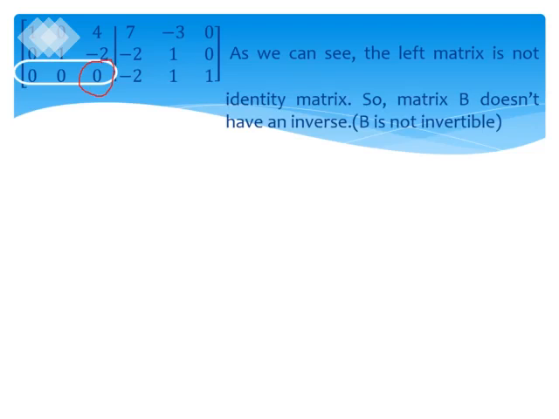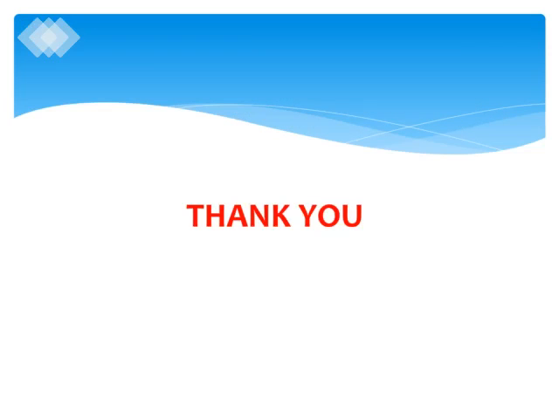As you can see, the left matrix is not an identity matrix because we don't have a leading one at column 3. So matrix B doesn't have an inverse. In other words, B is not invertible. So finish for B. Thank you.